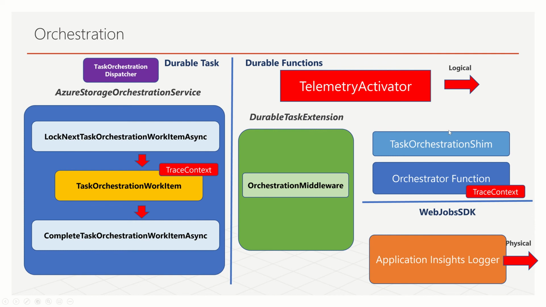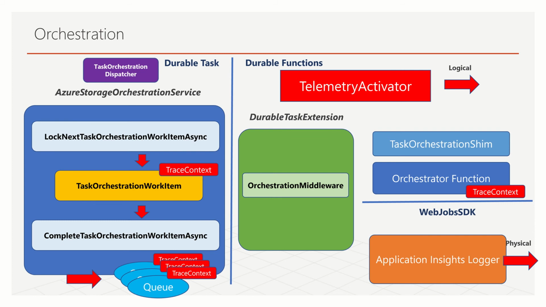It is not related to each function execution, so this telemetry doesn't have the metadata of the Azure Functions host side. But because it is logical, it happens only once for each orchestration. So each execution is called a physical execution log, and for the orchestration, I call it the logical log.